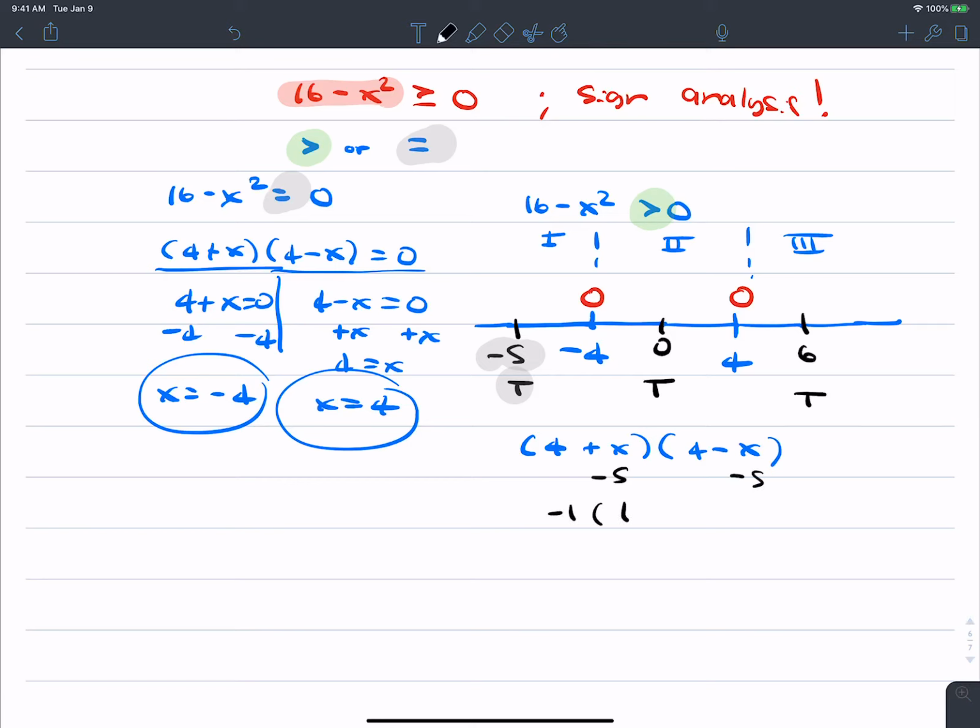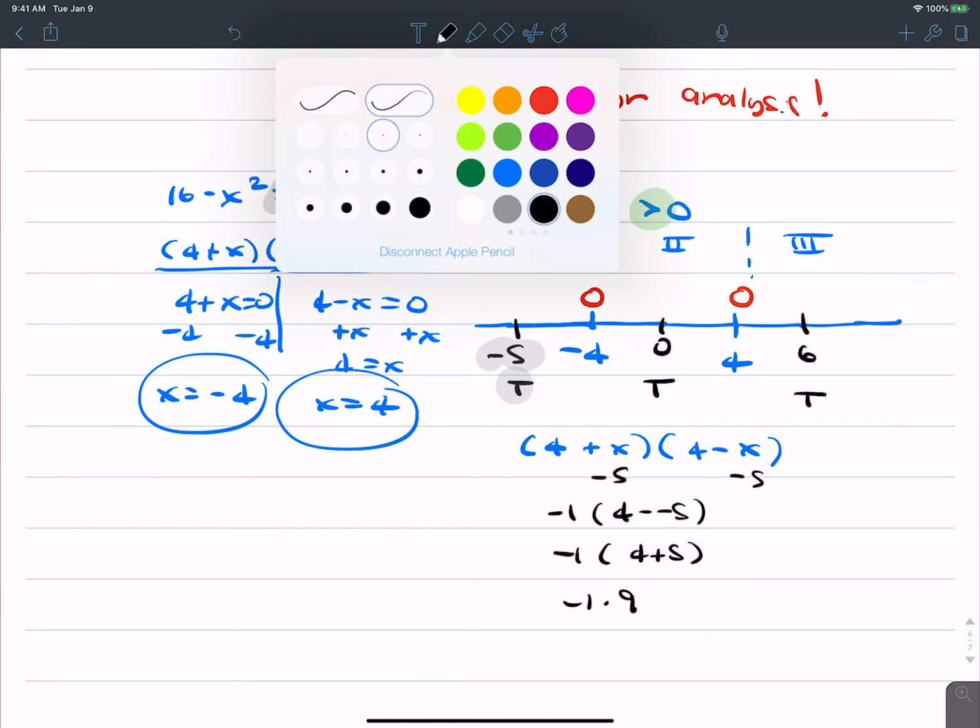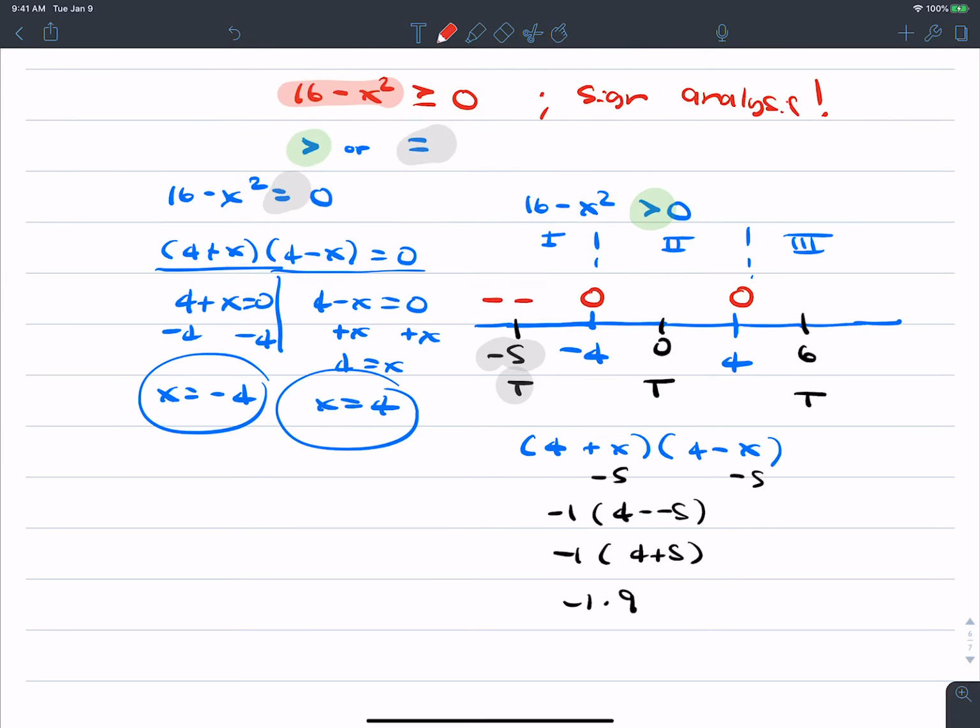And then we get 4 minus a negative 5, so 4 plus 5, which is 9. Negative 1 times 9. Now I really don't need the value, I just need the sign. I know that negative 1 times 9 is in fact negative 9, but I focus on the sign. Negative times a positive is a negative. So this is going to be a negative region. That first region here is negative.